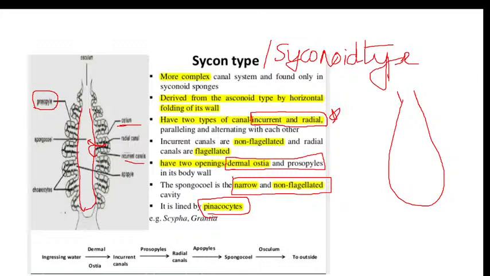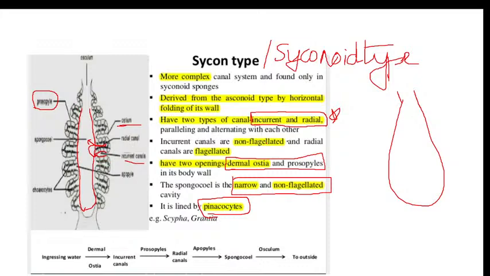The sycanoid type of canal system is a little more complex when compared to the ascenoid type. The sycanoid type has two types of canals, that is the incurrent canal and the radial canal. This is the incurrent canal and this is the radial canal.